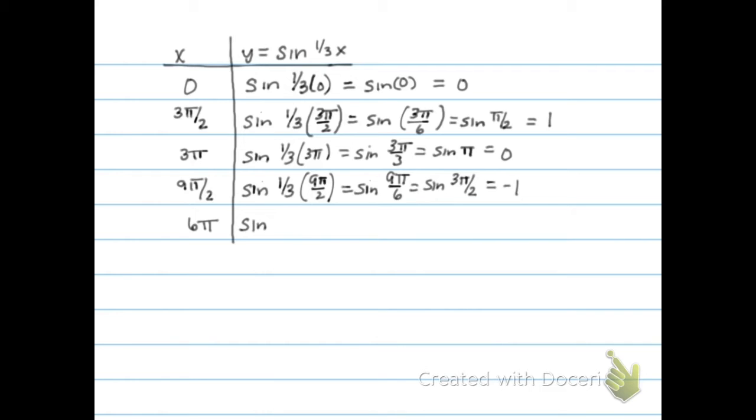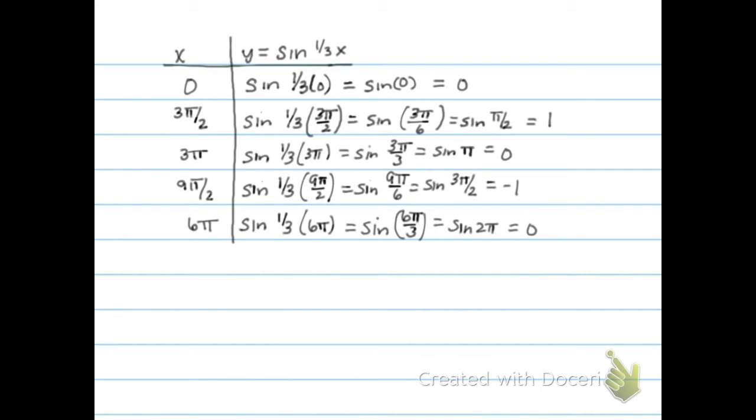And then I have the sine of 1/3 times 6 pi. And that's going to be the sine of 6 pi over 3, which is the sine of 2 pi. And I know that the sine of 2 pi is 0. So again, my y values are going to be 0, 1, 0, -1, 0.